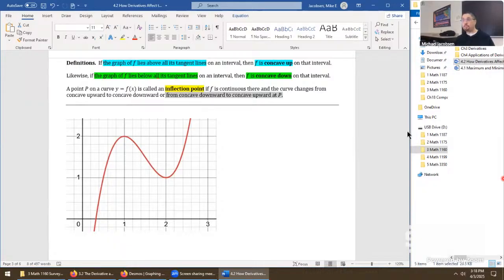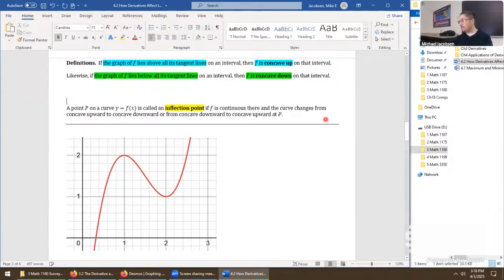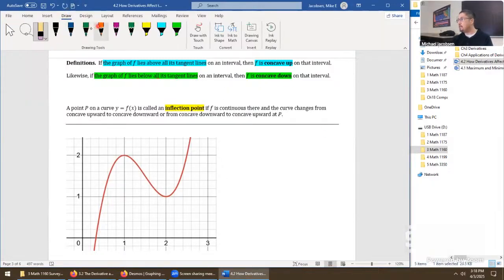In other words, an inflection point is a point on the graph of f where concavity changes. Let's say it this way: a point where concavity changes.